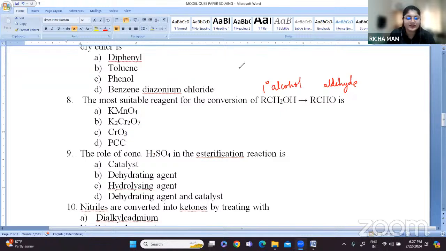Vedvati has answered it as C. What about others? Yes, students? Others also please respond. There are 10 students I can see in the Zoom, and I'm getting only 3 to 4 responses. So I want others also to respond. I will not judge anyone.